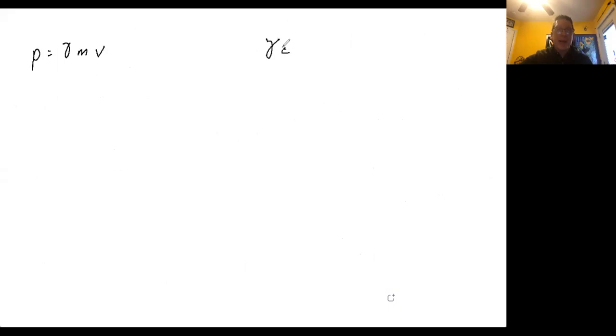If you express the velocity as a fraction of the speed of light, it's actually easier to do this. Gamma is 1 divided by the square root of 1 minus 0.75 squared. Putting that in gives 1.51, so that's the value of gamma, about 1.5.